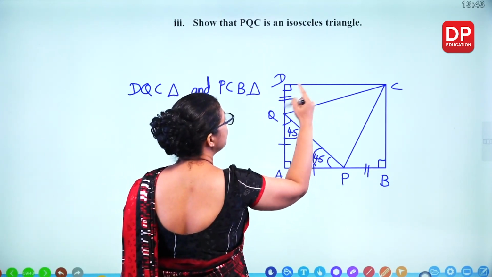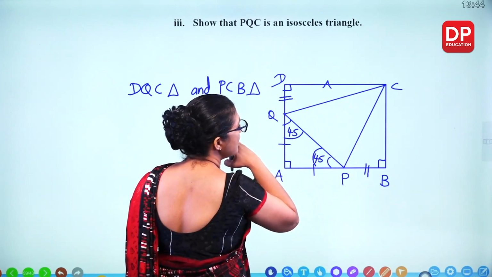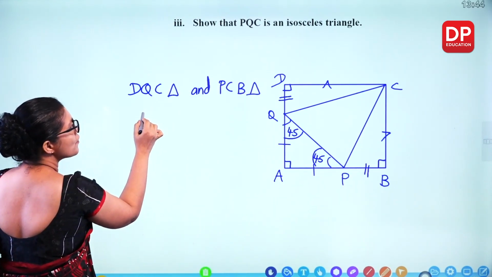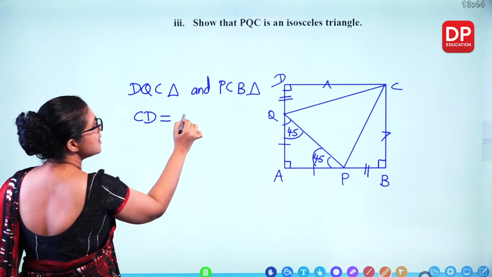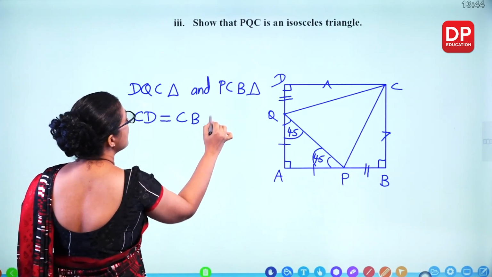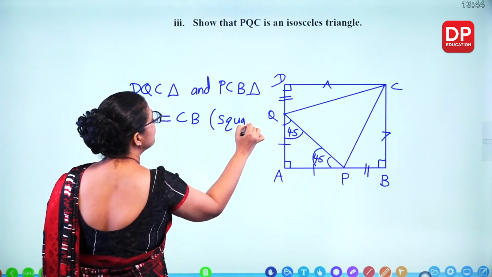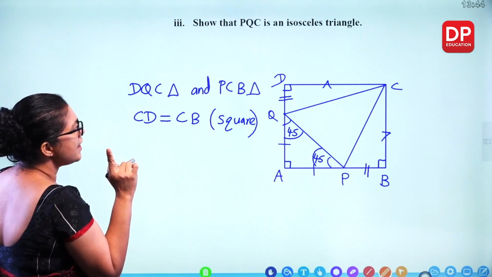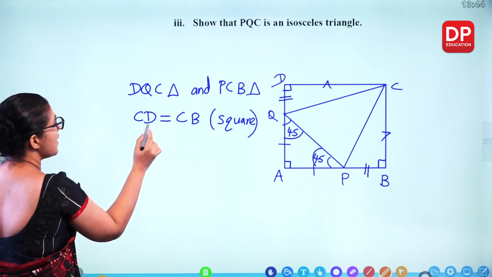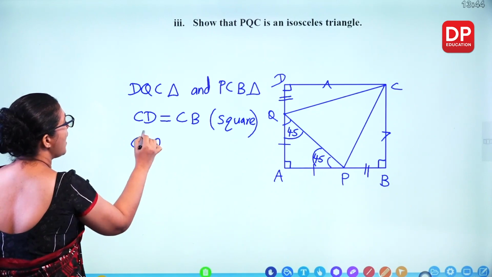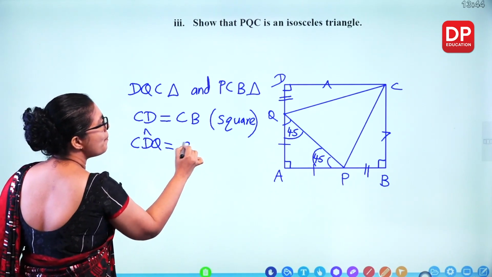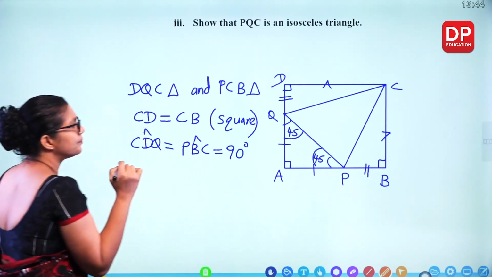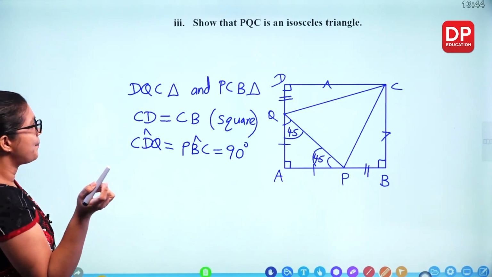We know that this length is equal to this length. Length of a square, CD equals CB because of a square. And both 90 degree angles are there. CDQ angle is equal to PBC angle, that's 90 degrees because of a square again.